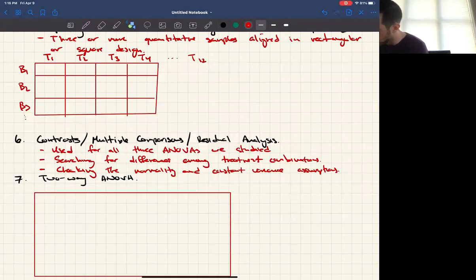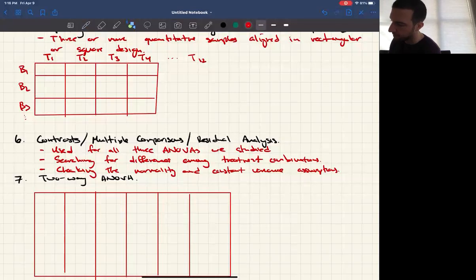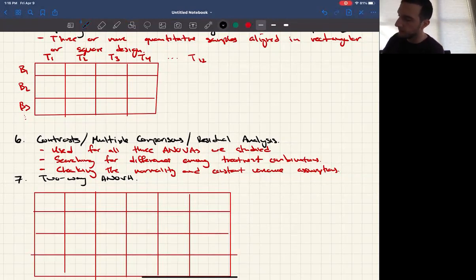Okay. And then you can divide the grid into units. Maybe like that. And we can go down this way too. Okay, so we called each of our factors here A and B. So A and B represent particular treatments.